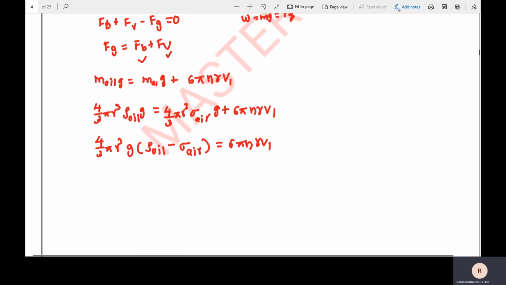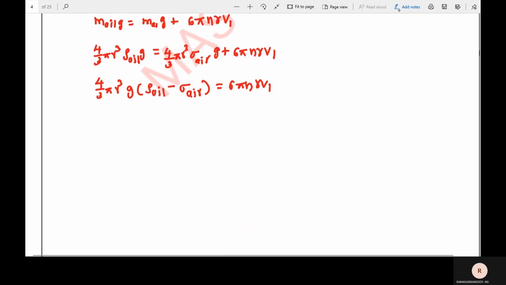Now, 2 2 2, 3 3 3 9. So one pi gets cancelled, one r gets cancelled. What will we get? 2 r square g, density of oil minus density of air, is equal to 9 eta v1. From this we can find the radius of the oil drop.